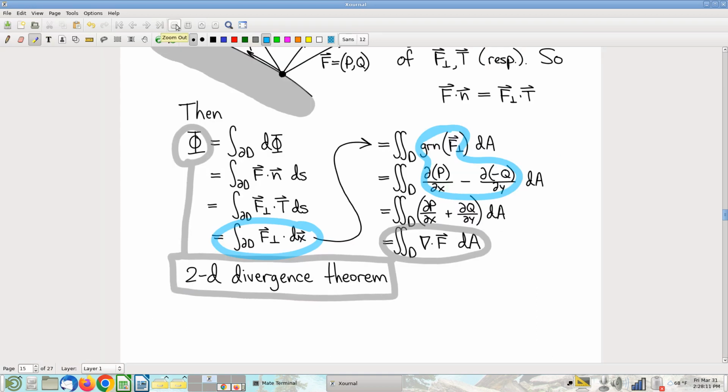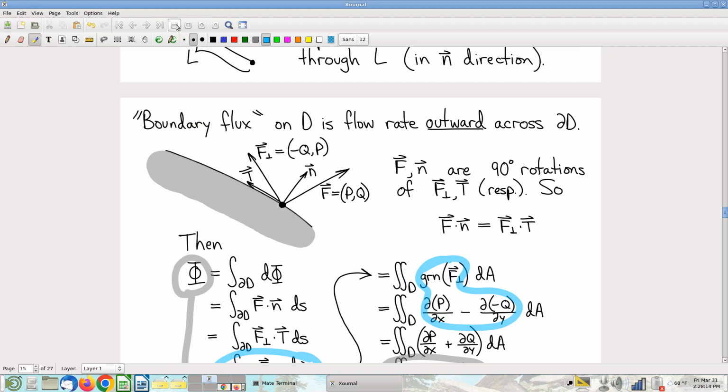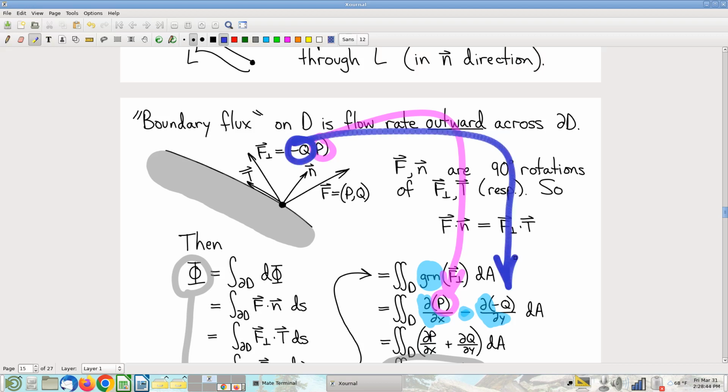What Green's operator does is it takes the x partial of the second component, but be careful, my second component now is p. X partial of my second component, and then minus the y partial of my first component. And again, be careful.